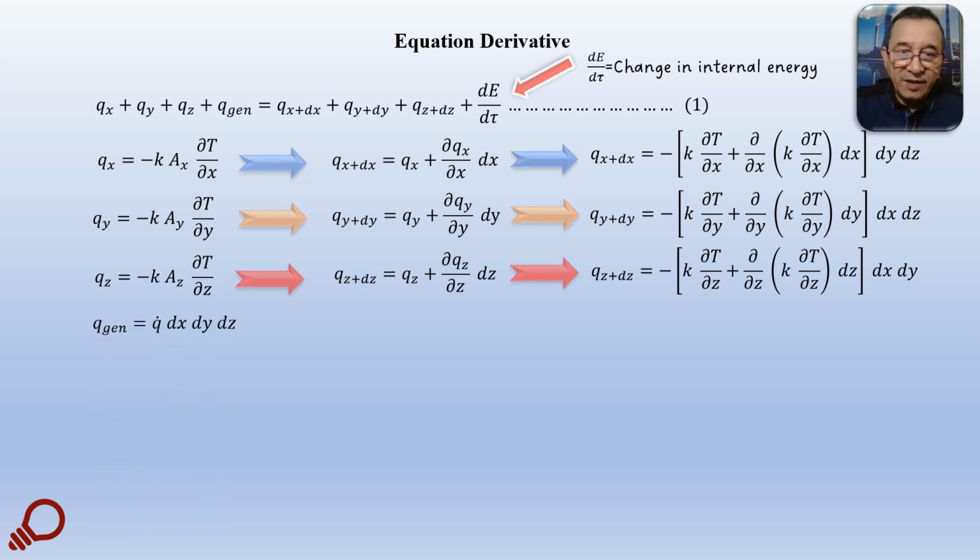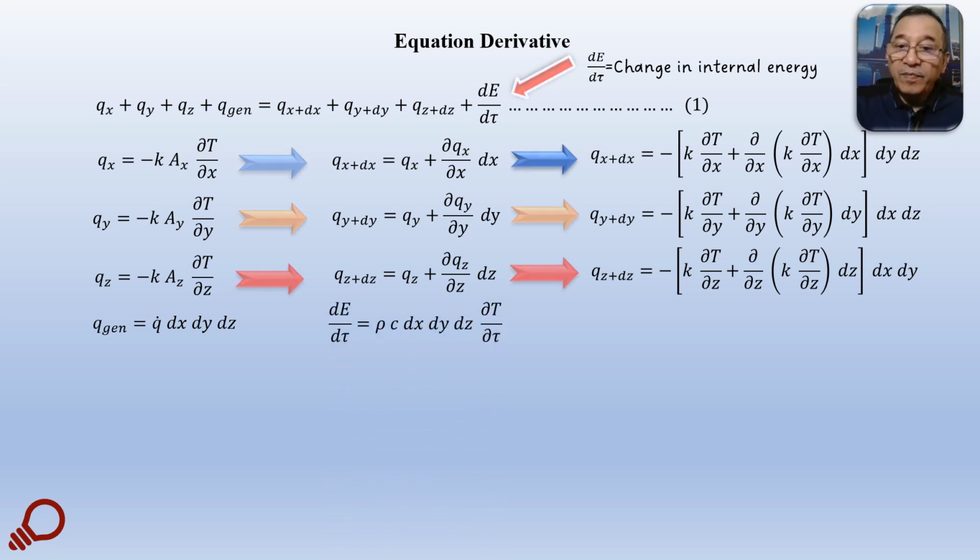And we have the heat generation rate equal to q dot, which represents the amount of energy per unit volume, times the volume of the element dx by dy by dz.